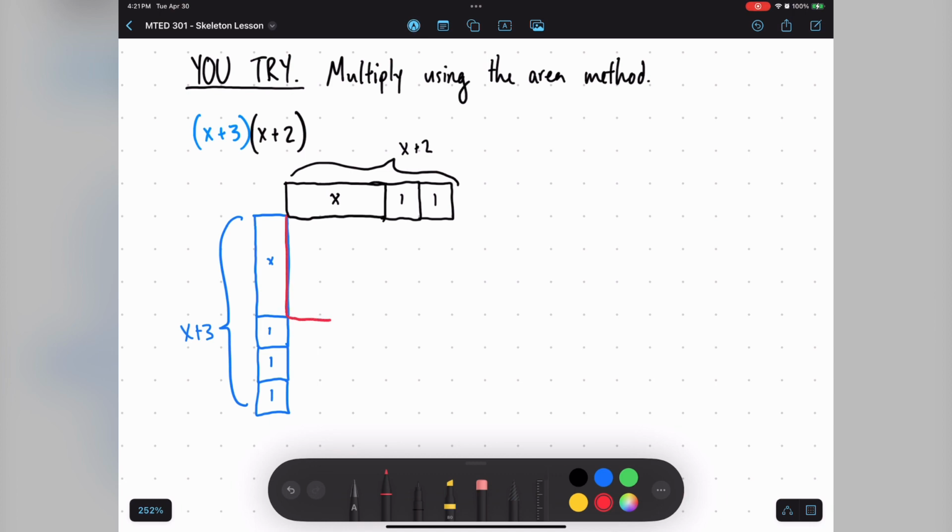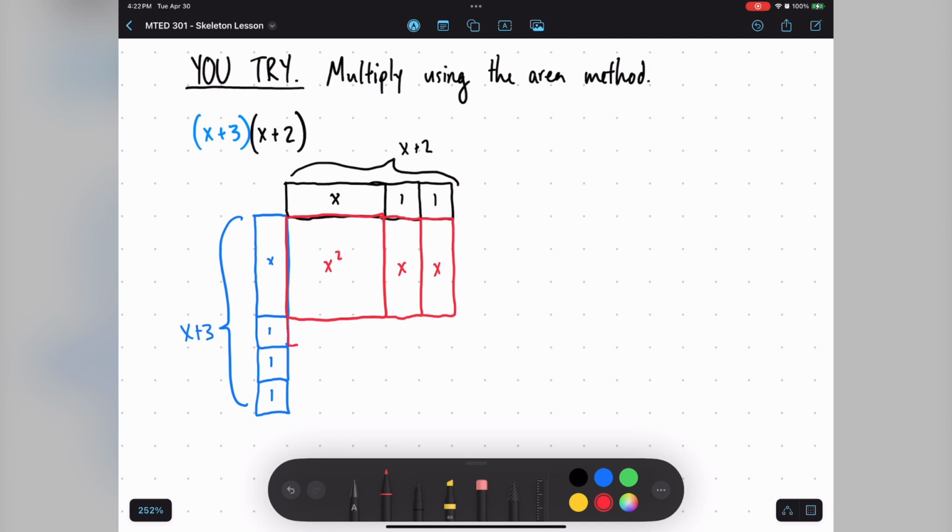So this x by x region, that's going to have an area of x squared. And x times 1 is going to form a little x rectangle. And we're going to have another one here.